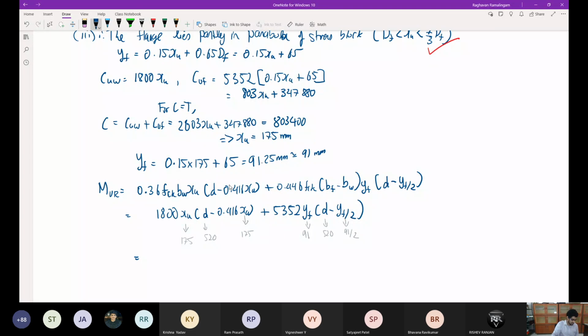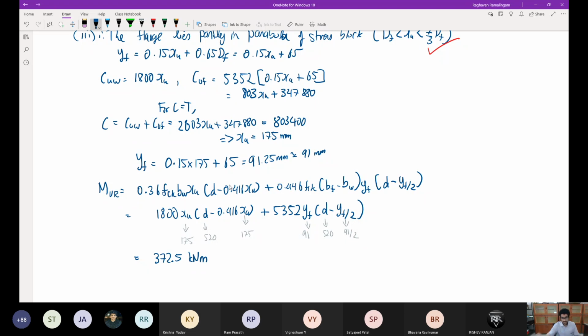Anyway, moment of resistance: 372.5 kilonewton meter, sir. Check whether you get 372.5 kilonewton meter. Okay, it's the right answer. So that's it, the problem is over.